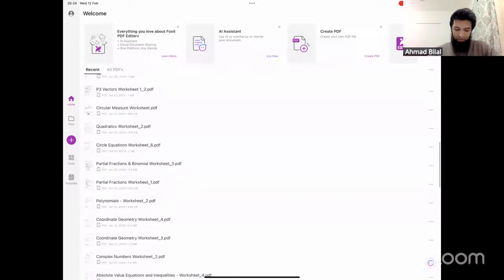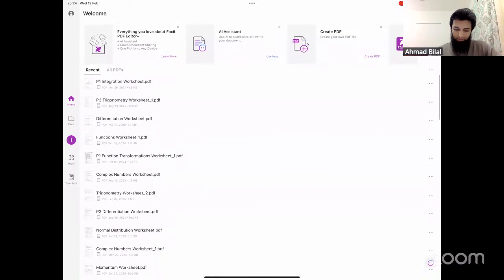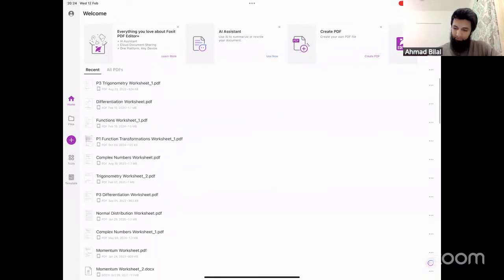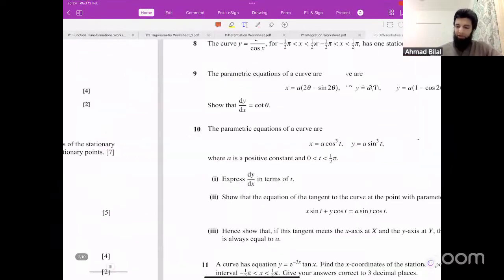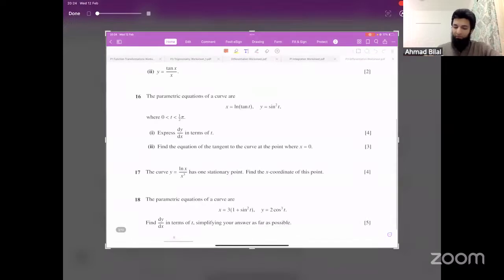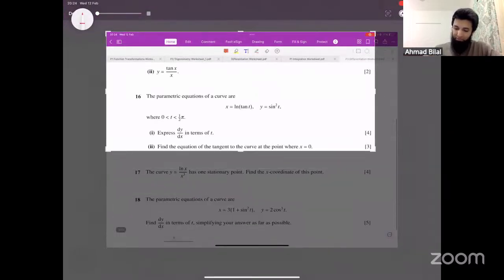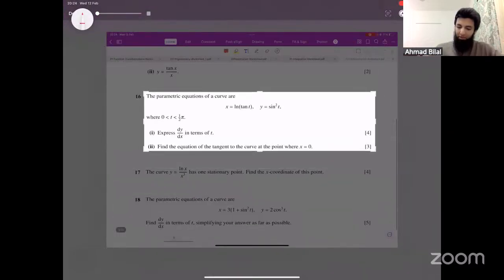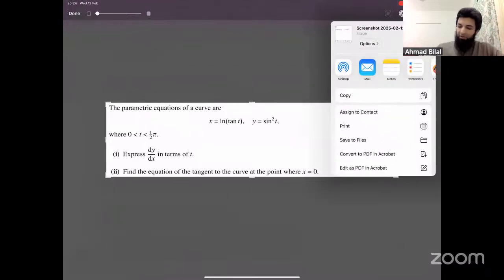P3 differentiation. Okay, I'll just do one quick question on parametric differentiation and then we end for today. We have these parametric equations of a curve.